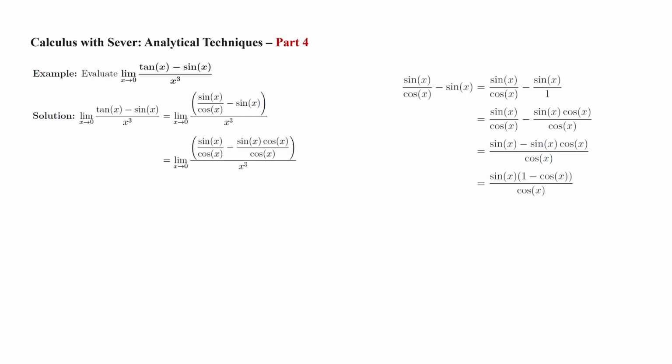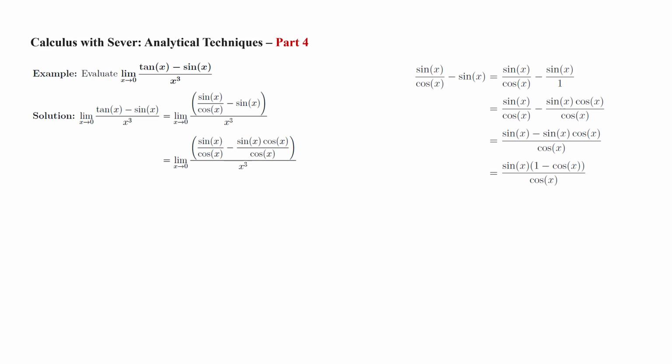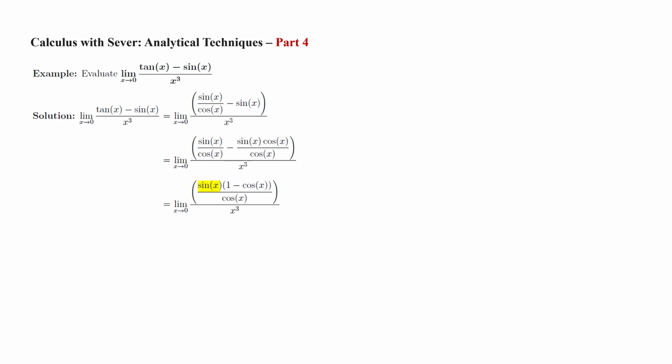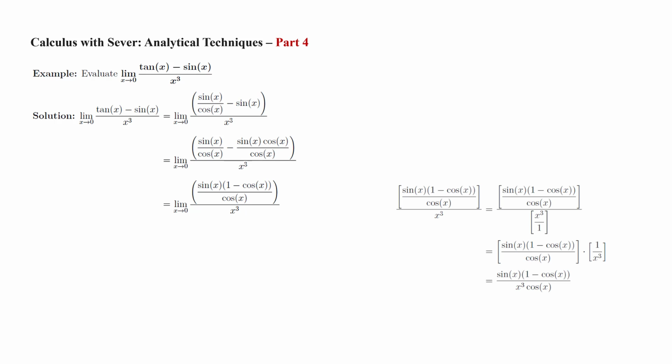And now to simplify, I will factor the sine x in the numerator out, obtaining sine x times quantity 1 minus cosine x divided by cosine x all over x cubed. We can simplify our complex fraction as follows. So we get sine x times 1 minus cosine x over the quantity x cubed times cosine x.